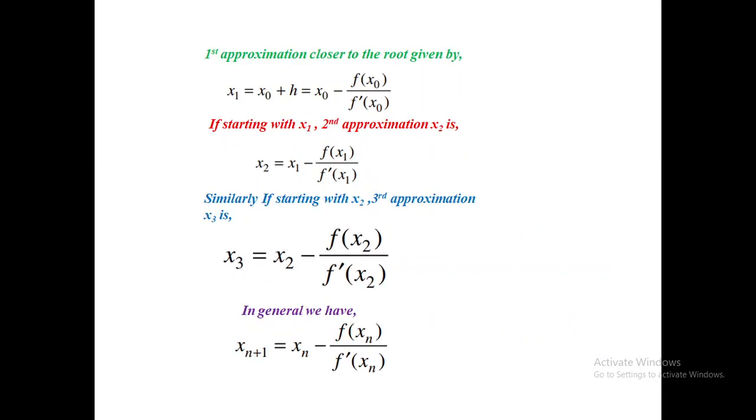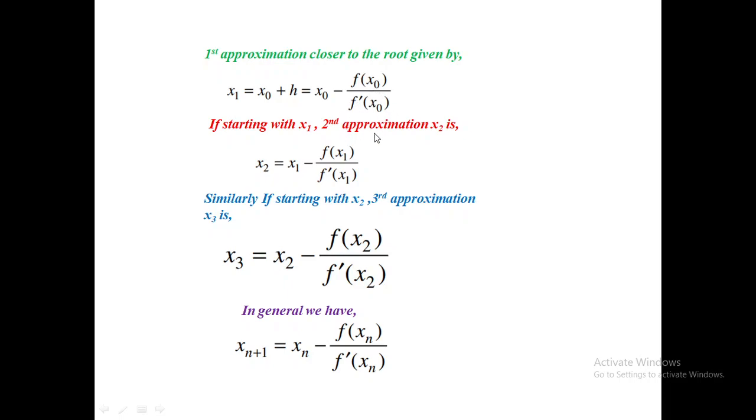When you solve the numerical, you will get different iterations, closer roots. The first approximation closer to the root is given by x1 is equal to x0 plus h. Again, what is h? h is nothing but minus f of x0 divided by f dash of x0.